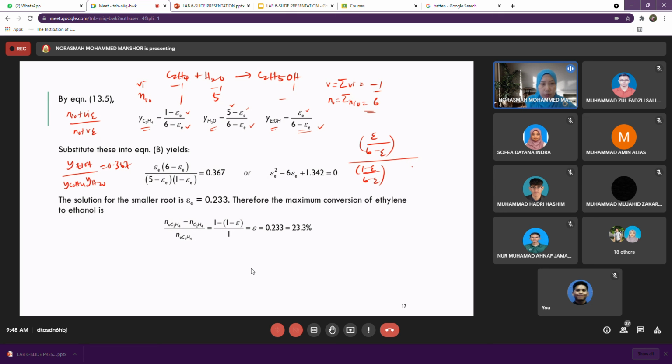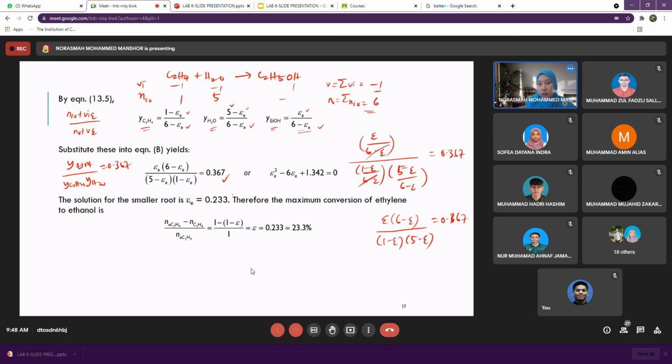Okay, YH2O 1 minus 5 equal to, okay, so mana yang boleh cancel? Okay, so you susun balik, dapat yang ni warna atas. Okay, you dapat equation ni.